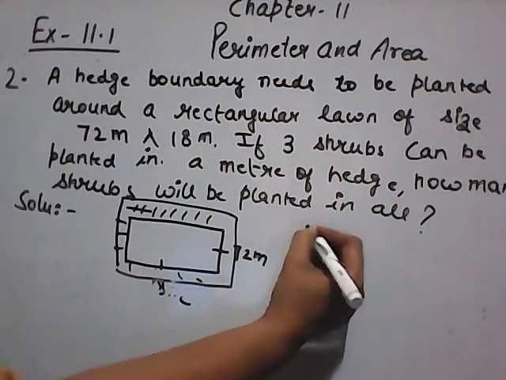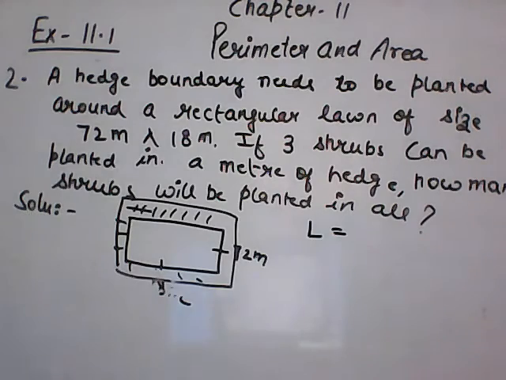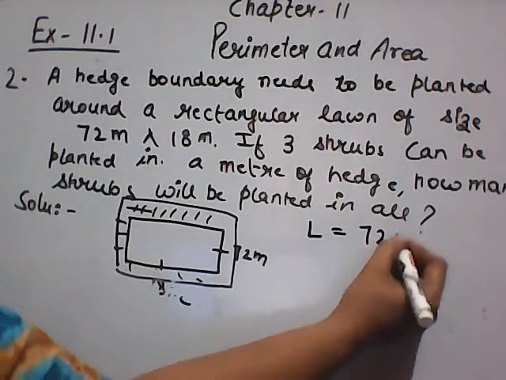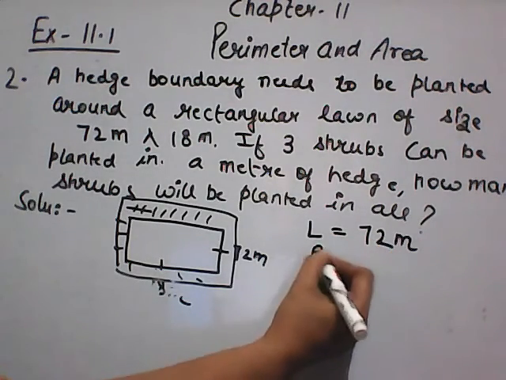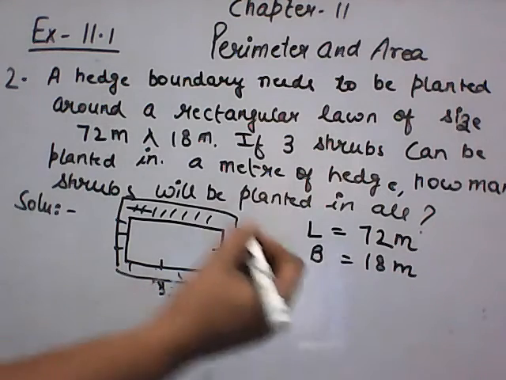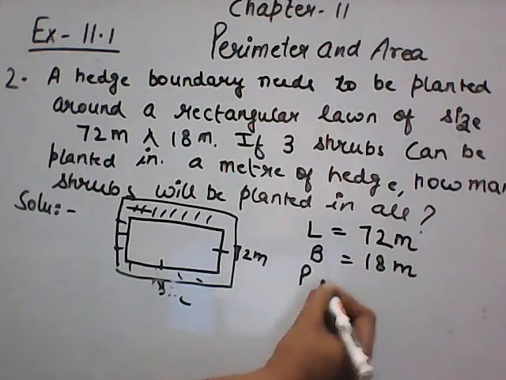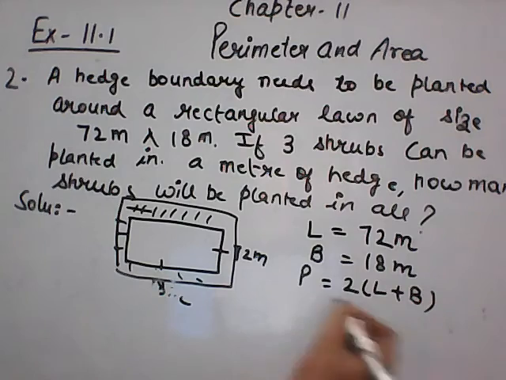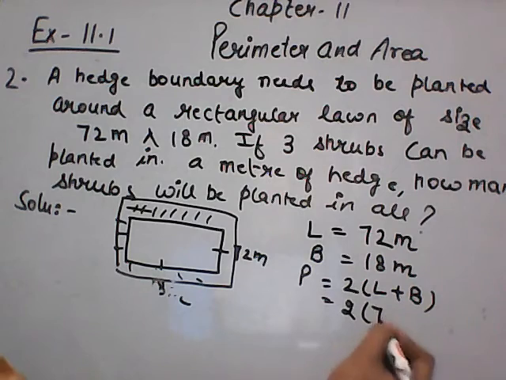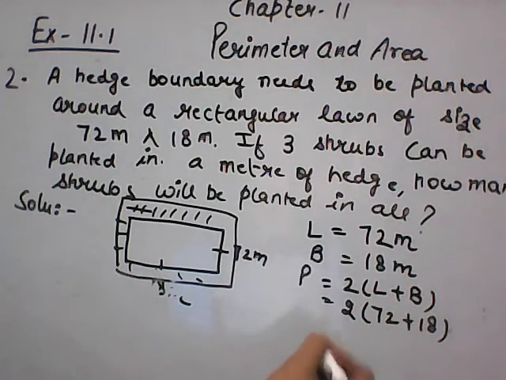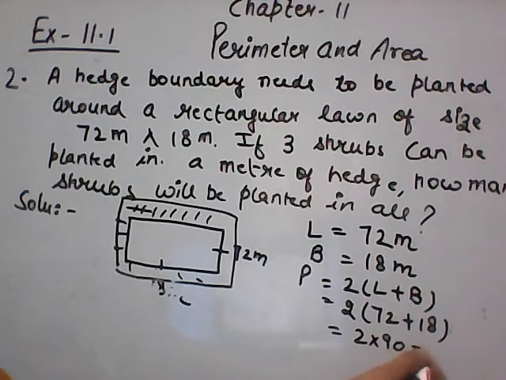Here, length of the rectangular lawn is given to you 72 meter and breadth is 18 meter. Now, perimeter of the rectangular lawn is 2 into (length plus breadth). 2 into (72 plus 18); 72 plus 18 is 90, and 2 multiplied by 90 is 180.